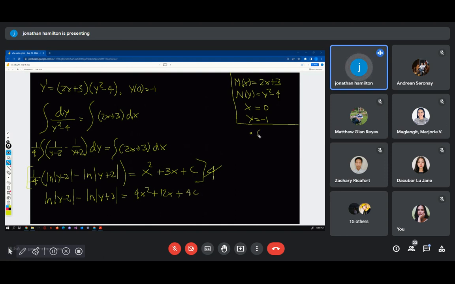Or we could say that c1 is equal to 4c, since it is an arbitrary constant.